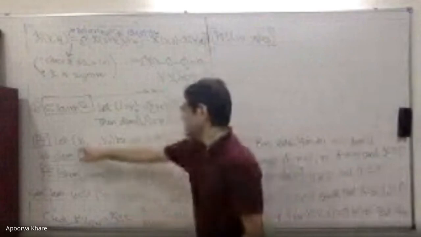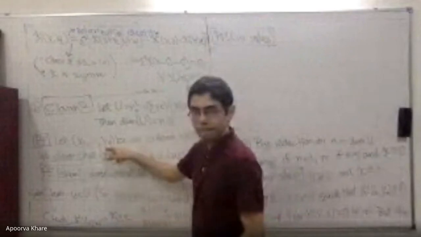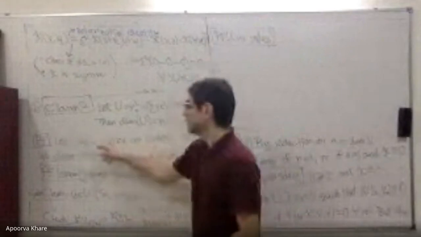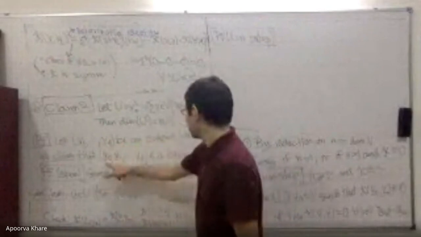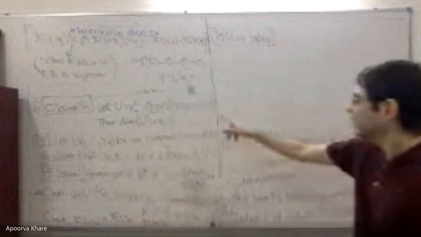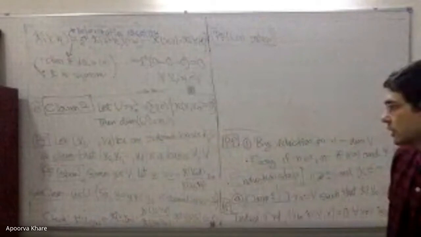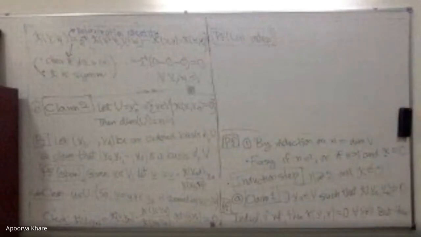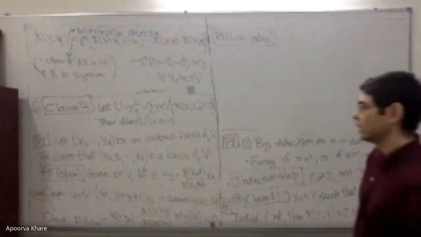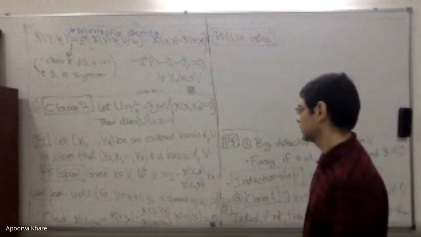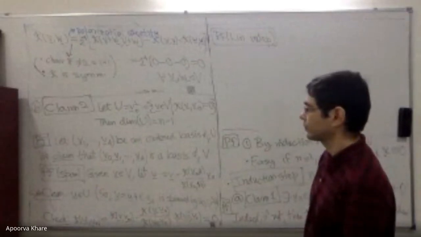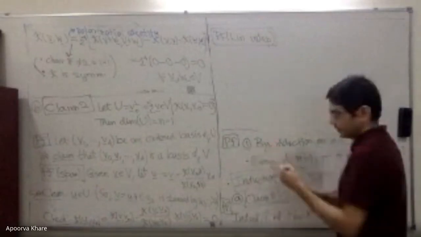Right? These guys are already linearly independent. This is a linearly independent set. This guy V0 is clearly not in the span. So we need to show that V0 is not in the span of these things, right? Yeah. So the claim is that V0 is not in the span.